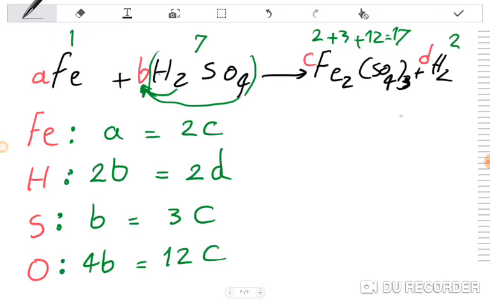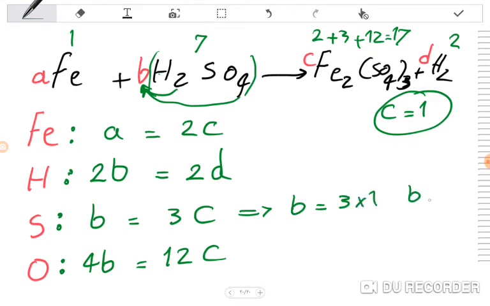We said again C is equal to 1. If C is equal to 1, then B is equal to 3 times 1. B is equal to 3, C is equal to 1.